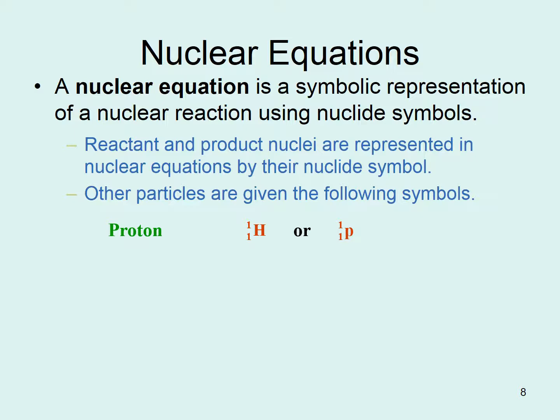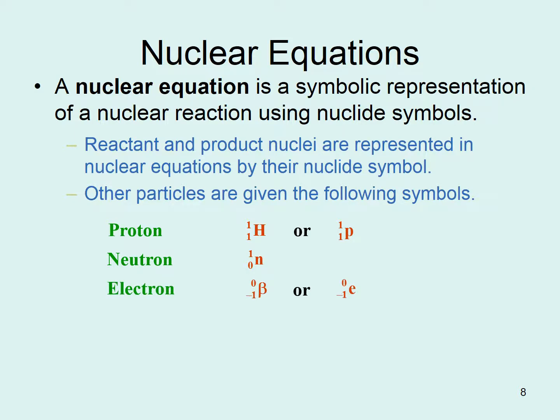Or because 1 proton is hydrogen, you can write it with the hydrogen symbol, 1 and 1. The top is the total of protons plus neutrons, 1 plus 0 is 1. The neutron can be written like this. The neutron is a little n. It has no protons, so 0 on the bottom, and of course 1 on the top because it has a total of 1 proton plus neutrons.